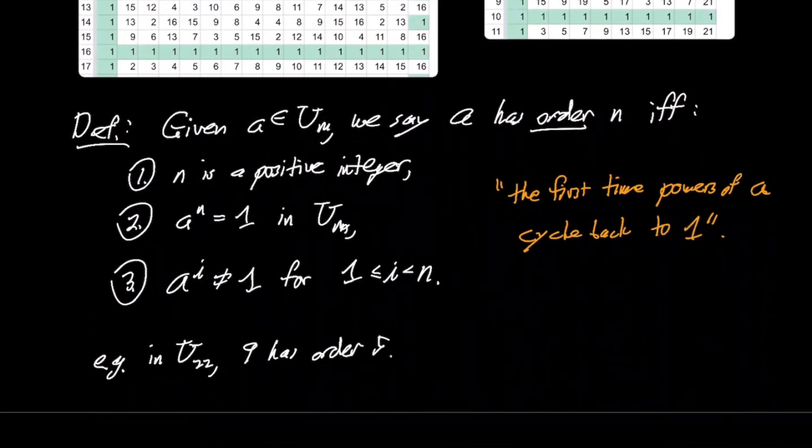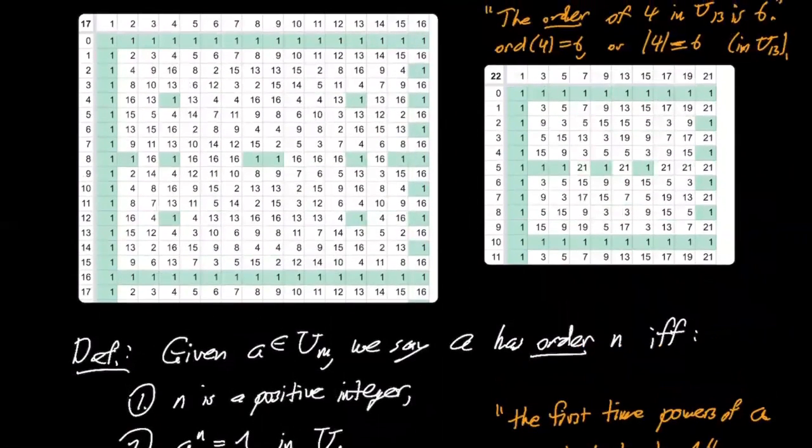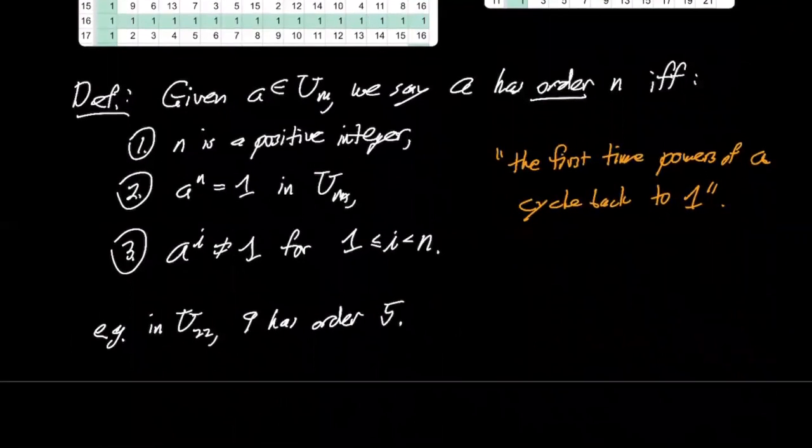That's the first time the powers of 9 get back to 1, at 9 to the 5th power. 9 to the first power is not 1, 9 to the second power is not 1, 9 to the third power is not 1, 9 to the fourth power is not 1, but 9 to the 5th power is 1. So that's the order. We write, like I said above, the order of A equals n, or just the absolute value of A equals n. Those are two typical notations.